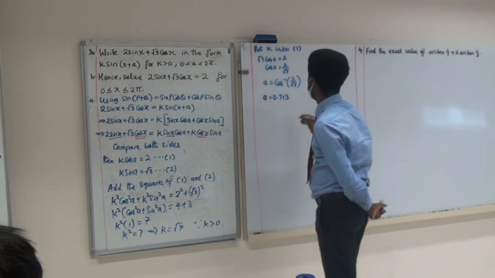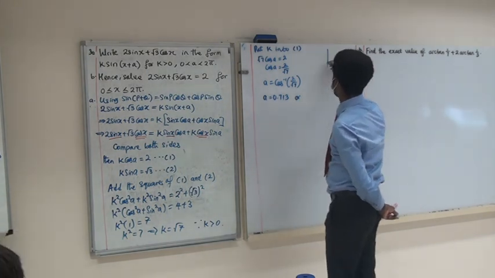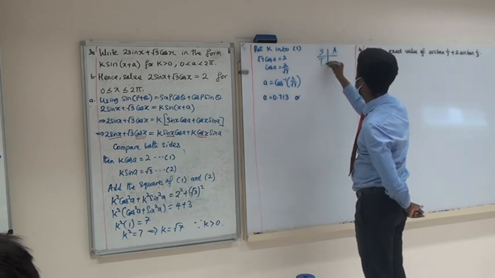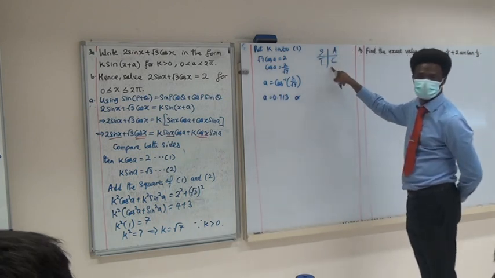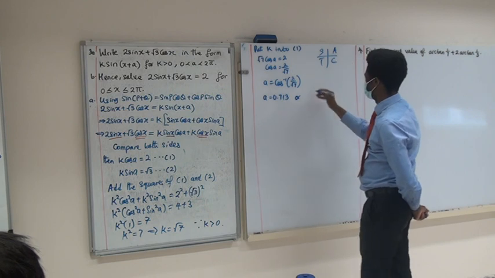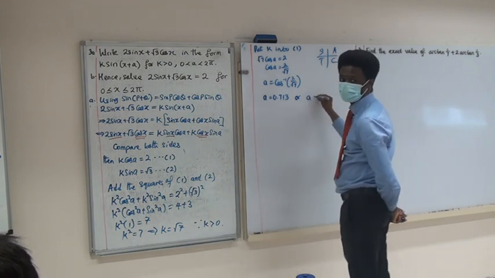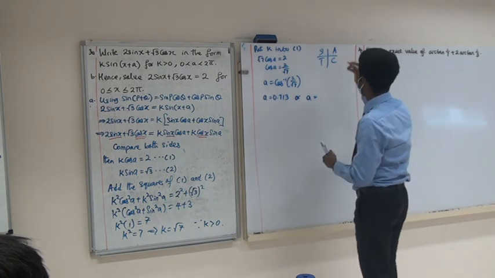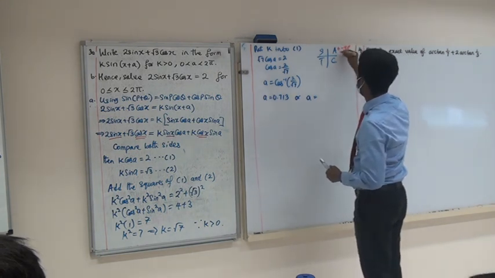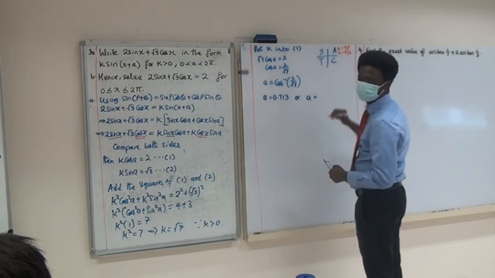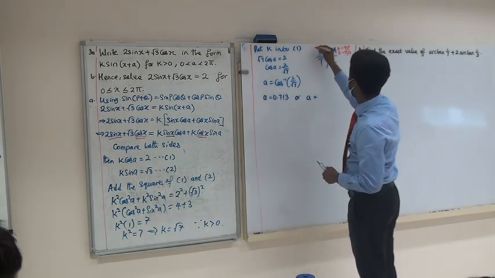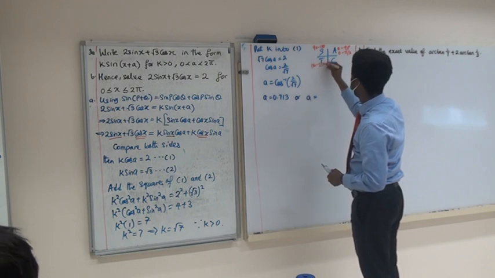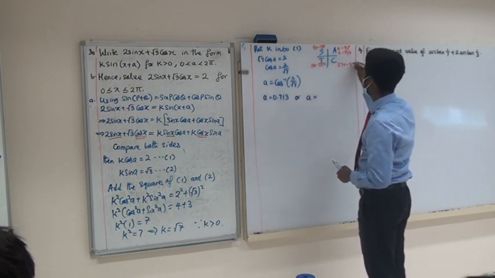Can we get one more? Which region is cosine positive? All Students Take Coffee. So the angle here will also be 360 minus the first angle. Remember, this is 0 to 90, or 0 to pi over 2; this is 90 to 180; this is 180 to 270; this is 270 to 360.